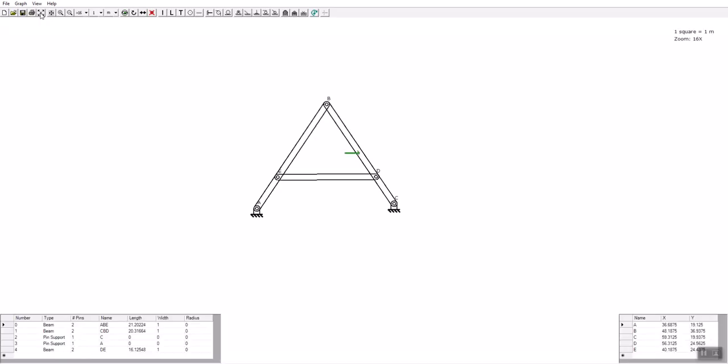Let's put the structure back together and do one thing to fix the unsolvable problem. We will keep the A-frame, but we will remove this pin and replace this pin with a roller.